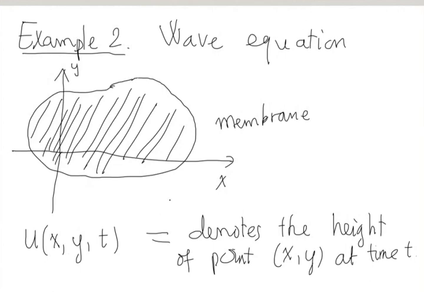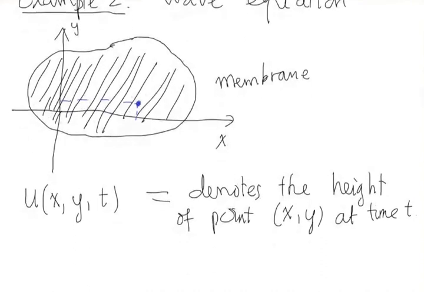So for each point on the base of this trampoline, we have coordinate x and coordinate y. And when the base vibrates, this point goes up and down depending on time. And we denote the height up or down by u of x, y, t over here.